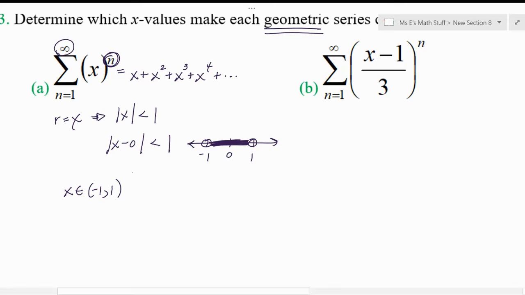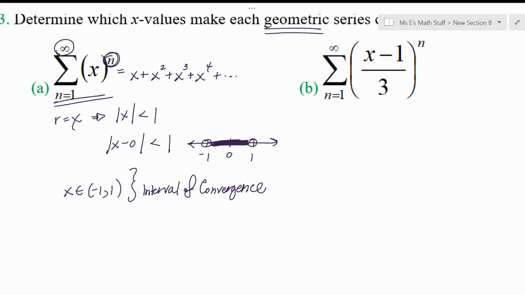For part A, this answer that we got here would be the interval of convergence for this particular series, because an interval of convergence is basically the collection of x values that would make your power series converge. So that's why this would be called the interval of convergence for part A.